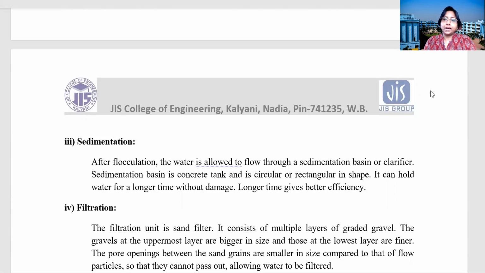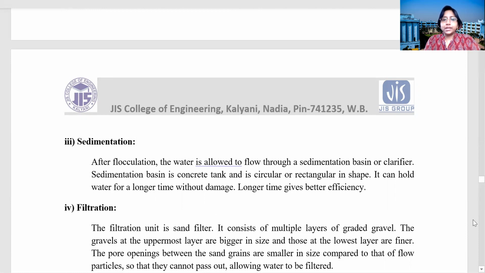Say you take a sample of water from a river in a glass beaker and keep it for 2 hours. What will you observe after 2 hours? You will see sedimentation, that means a solid particle layer under the beaker.